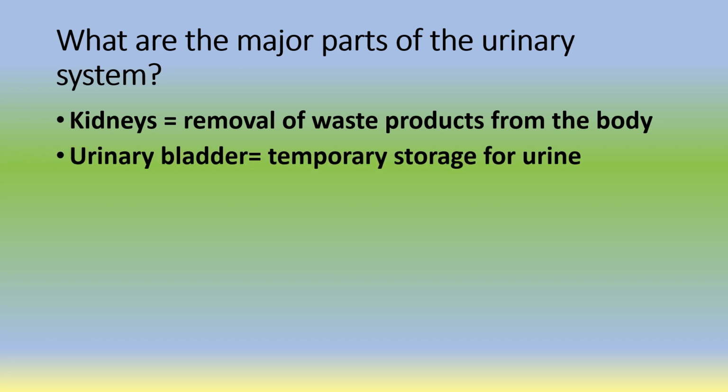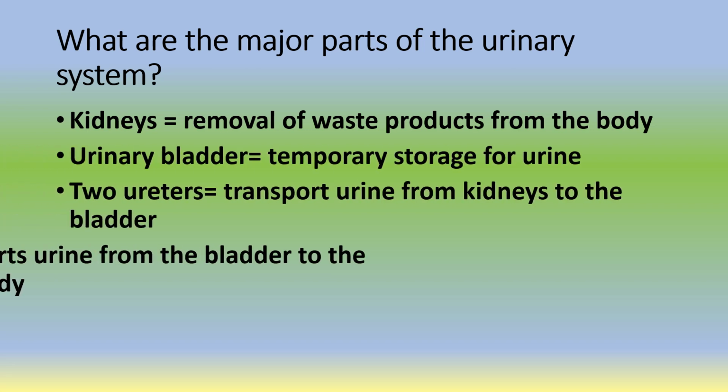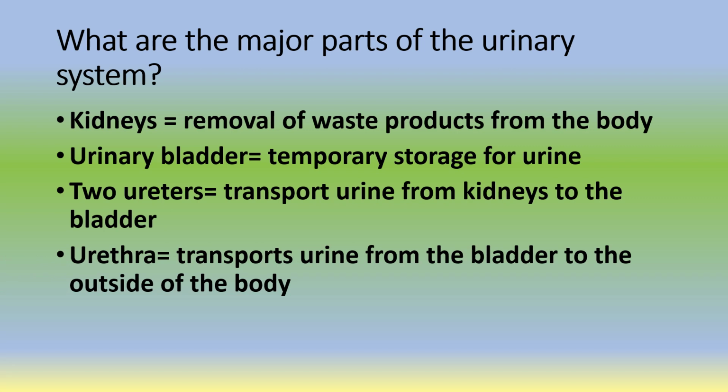These are the kidneys, urinary bladder, the two ureters, and the urethra. The kidneys remove waste products from the body. The urinary bladder is temporary storage for urine, and the two ureters transport urine from the kidneys to the bladder, and the urethra transports the urine from the bladder to the outside of the body.